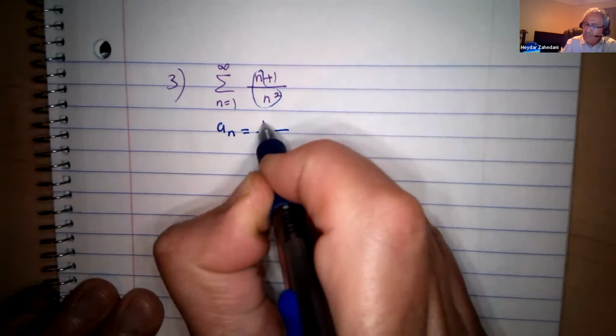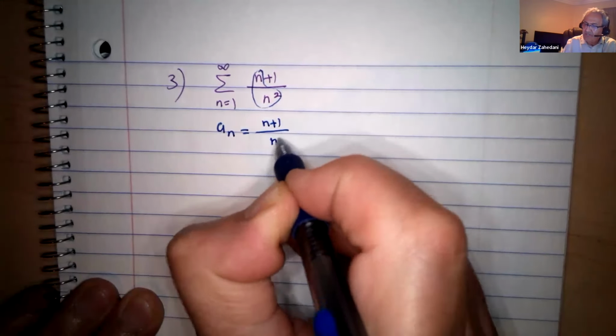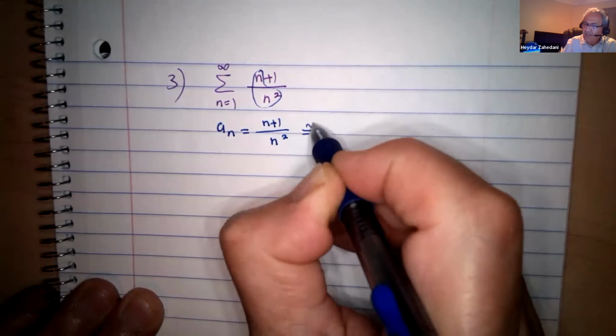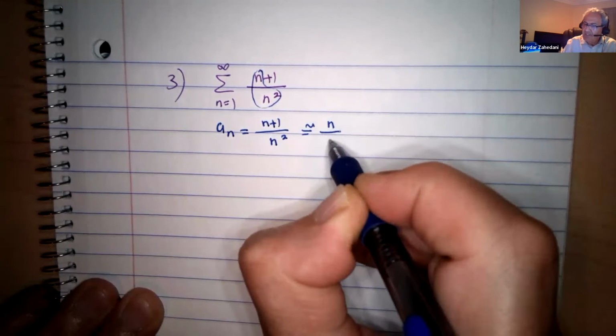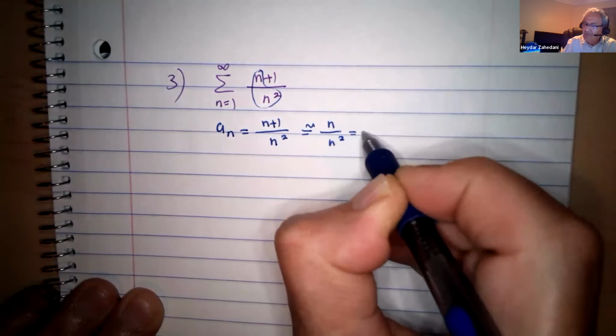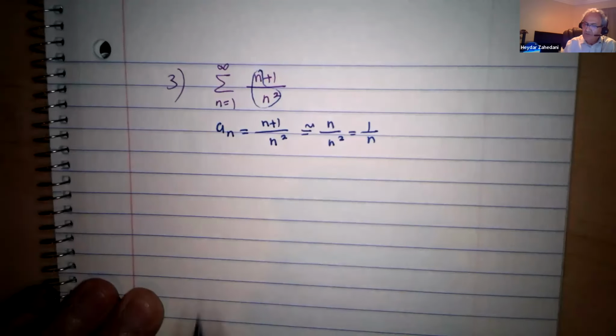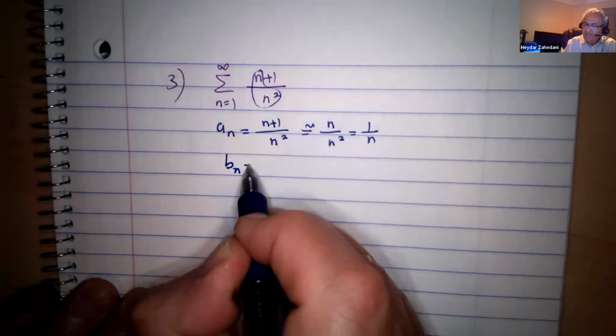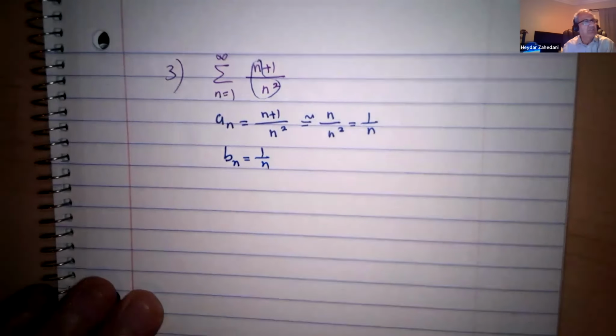It's n over n squared, which is 1 over n. So you have to compare it with 1 over n. So this is an, which is n plus 1 over n squared. If you like, compare it with n, shrink it. So that gives you 1 over n. So you call your bn 1 over n. See, this is the way we do it.